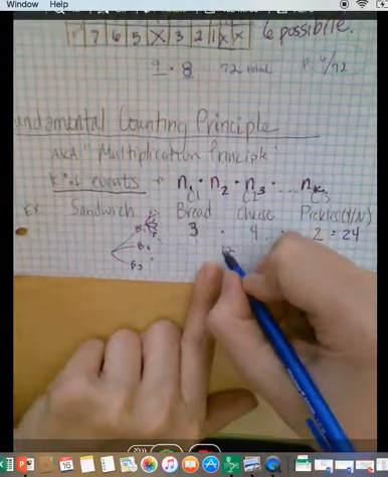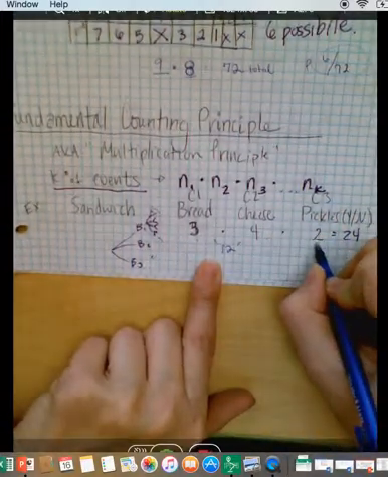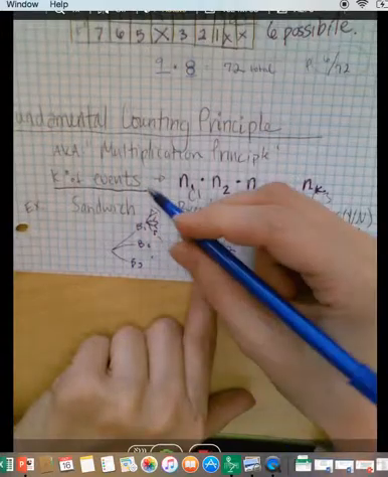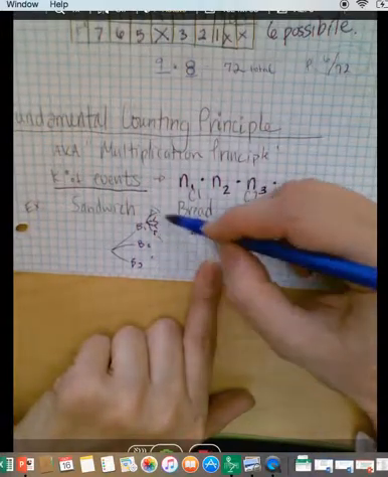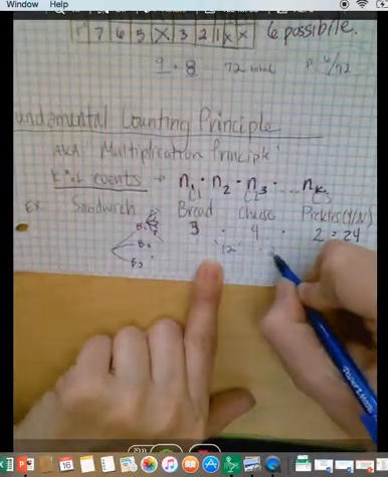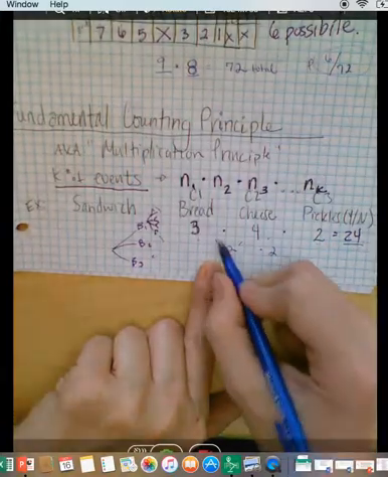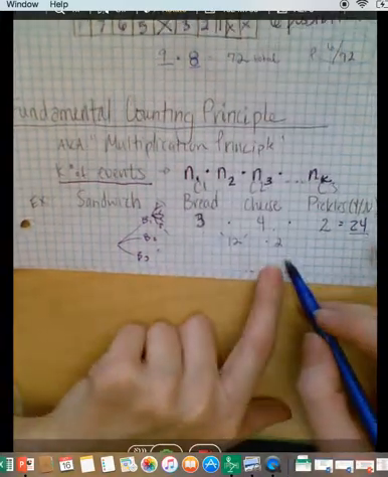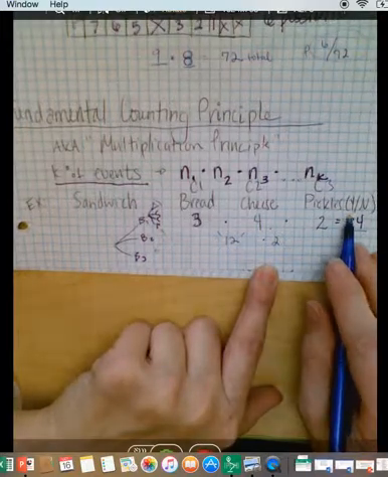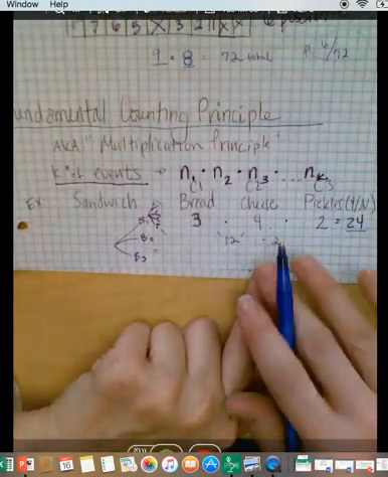And then each one of those possibilities has an option of pickles or no pickles. So if I were to count up each one of the end results here, there are 24. This is bread and cheese, and then the option of 2 for the yes or no, 1 being yes, 2 being no.